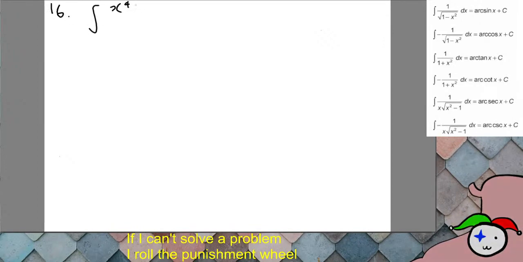X to the 4 plus 1 over x squared plus 2 dx. Now, how would one solve this?